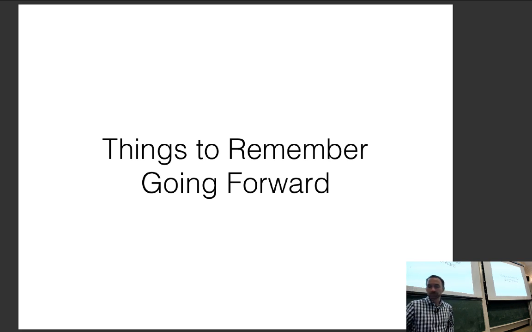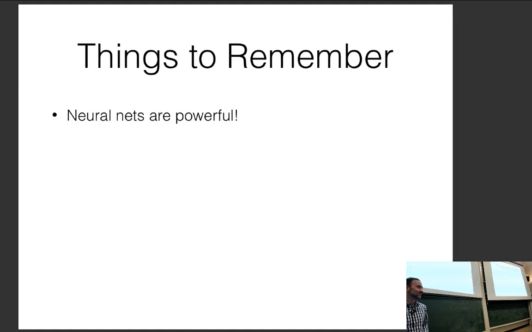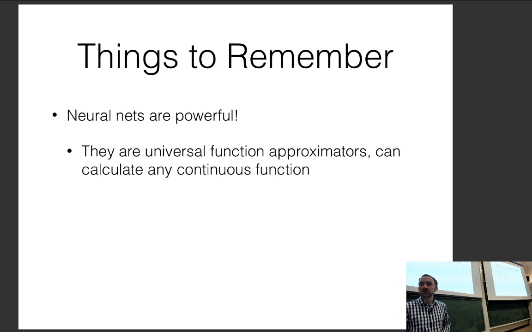So I have a few things to remember going forward. The first thing to remember is neural networks are very powerful. Hopefully you knew that, and that's why you want to take this class. In fact, they're universal function approximators and can calculate any continuous function.